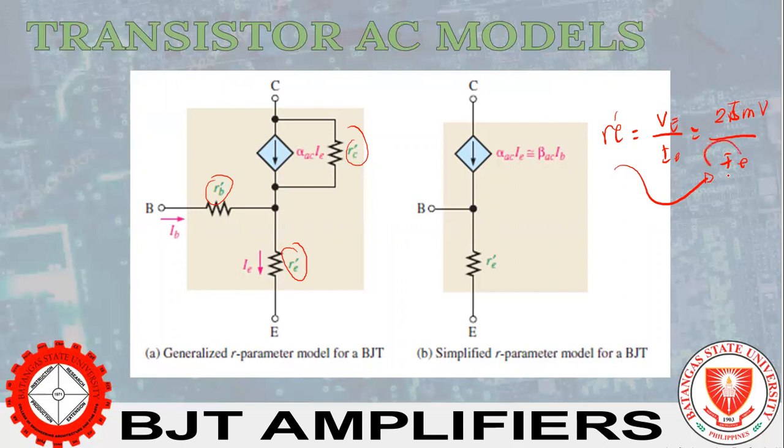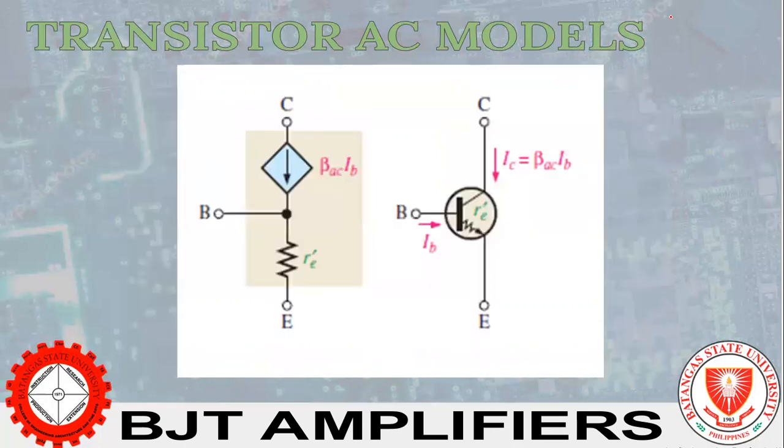Guys, DC ito ha. Sorry, it's DC. DC po yung kukunin natin para magsimula tayo sa re prime which is AC. And guys, minsan sa ibang references na mababasa nyo, baka magtaka kayo, minsan ang ginagamit nila ay 26 mV. Pero dito sa atin, mag-stick na lang tayo sa 25 mV. Okay, so yun po yung ating pagkuha ng re prime.